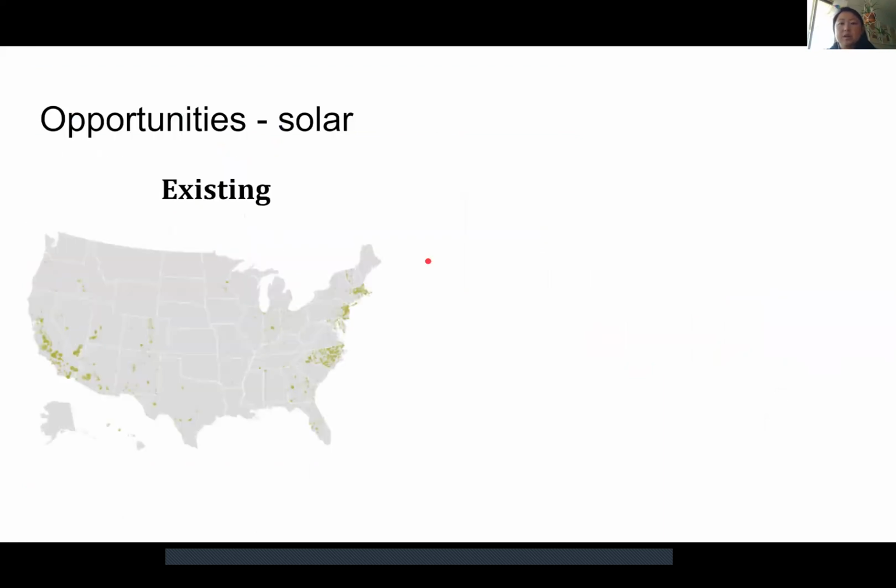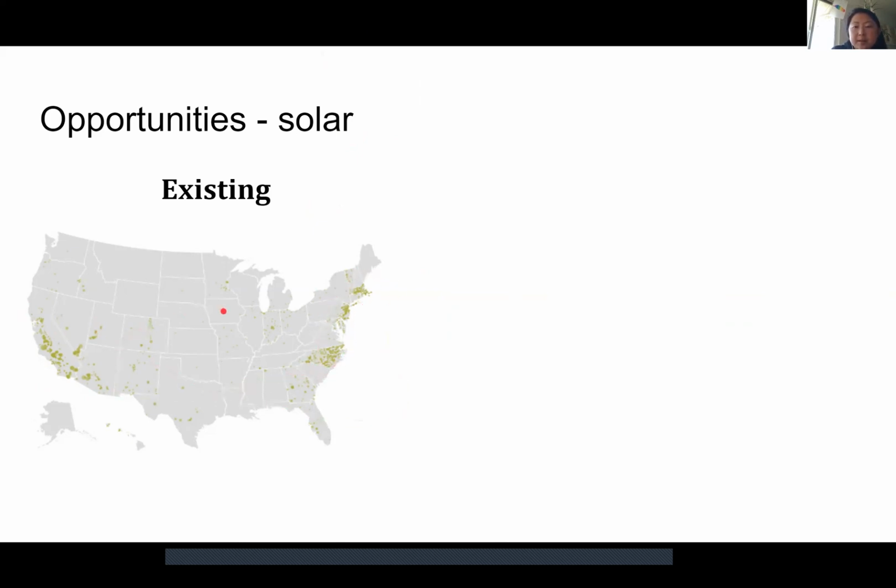All right, because renewable energy is our future, I also want to illustrate the potential or the opportunity for solar. Right now, you can see here, California is doing a great job optimizing the amount of sunny days we have, which is great, and so are areas of the East Coast.